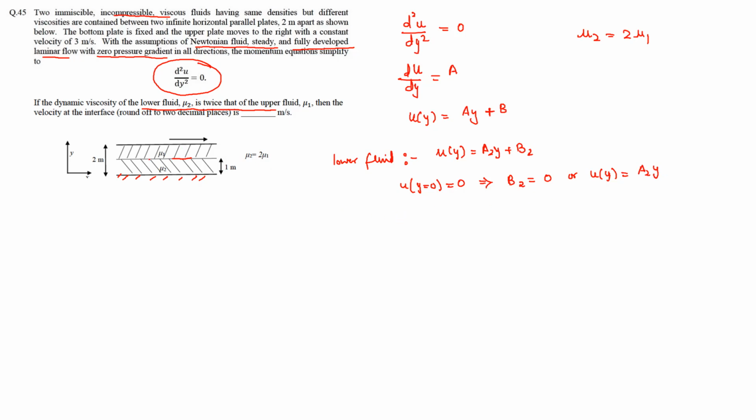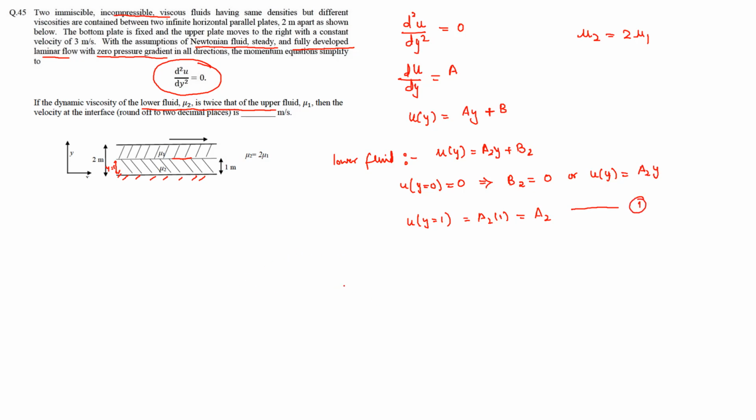Now let's see what the velocity of the bottom fluid at the interface will be. At the interface y is equal to 1, so u at y equal to 1 is a2 times 1, or simply a2. Let's call this equation 1.